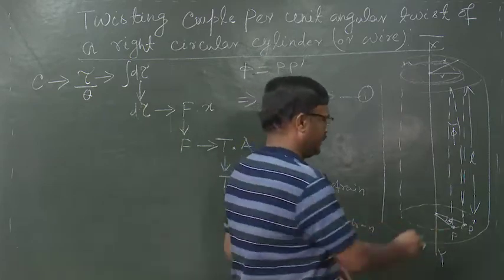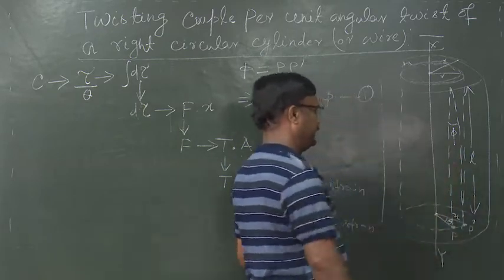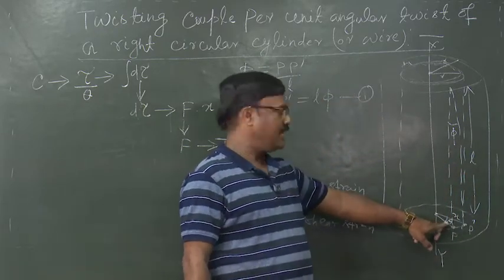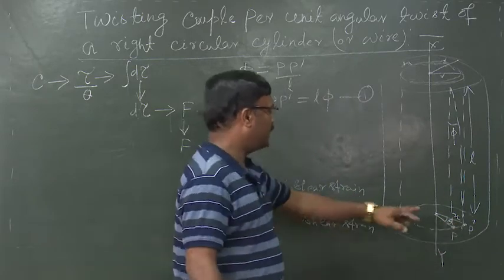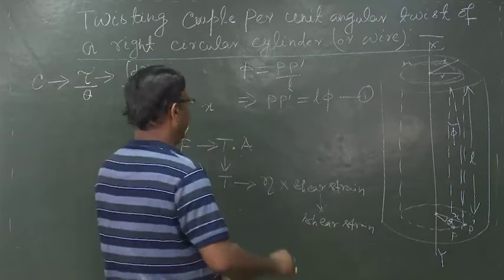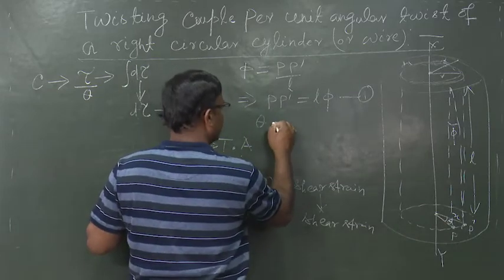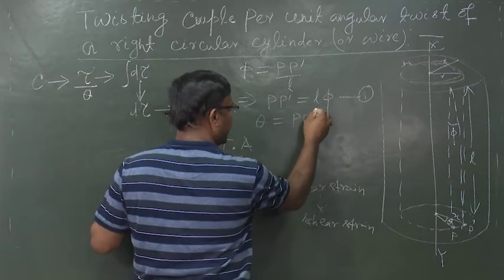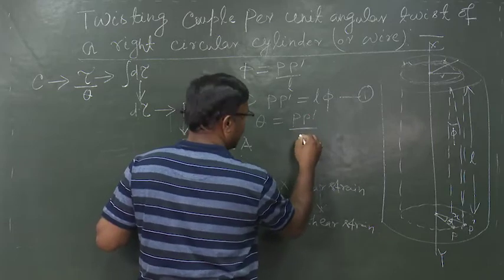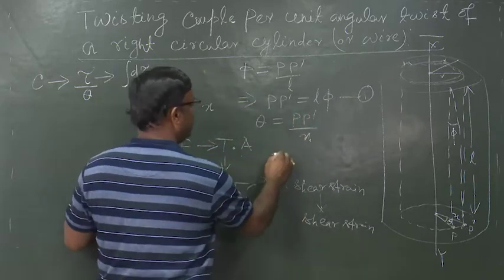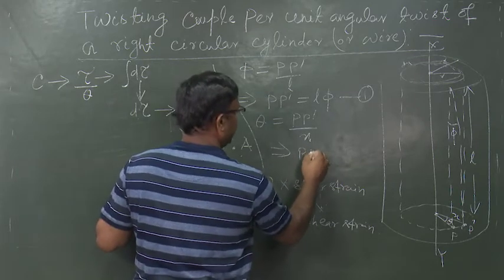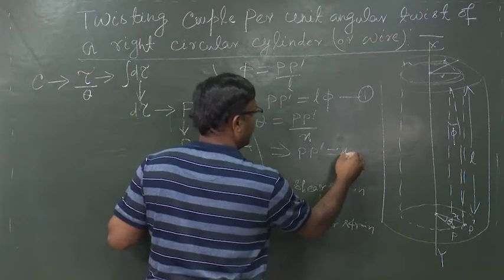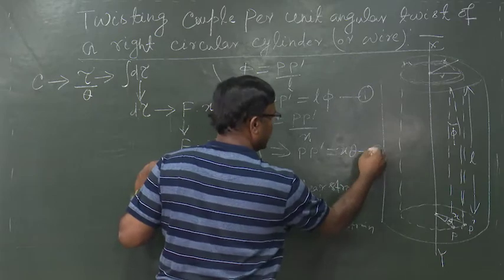Further, this is the radius x and this is the theta and this makes the arc P dash. Now we can here also write theta is equal to arc P dash by x, implies P dash is equal to x theta. Number 2.